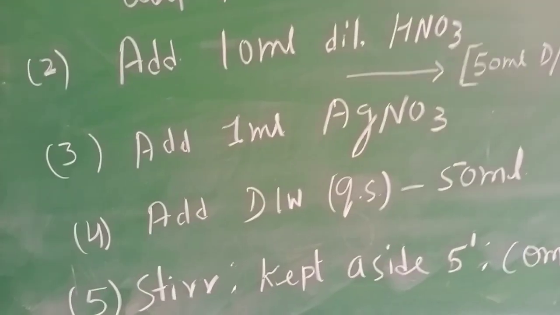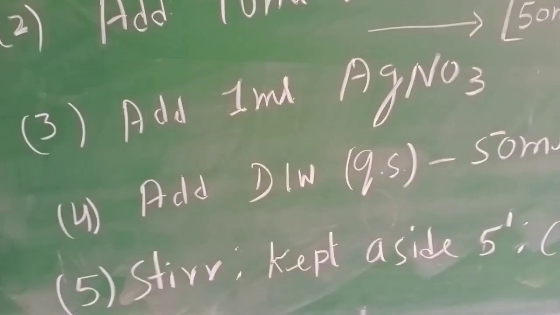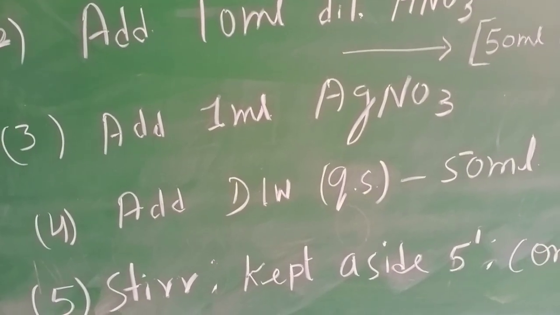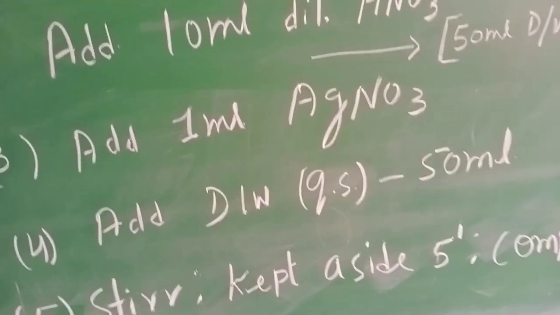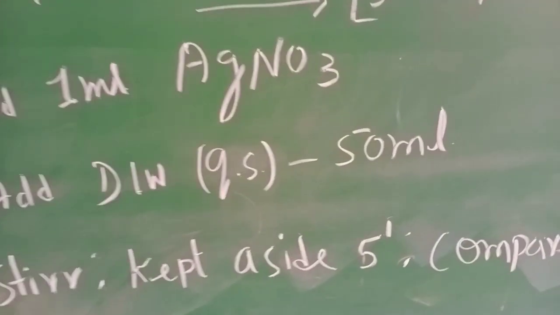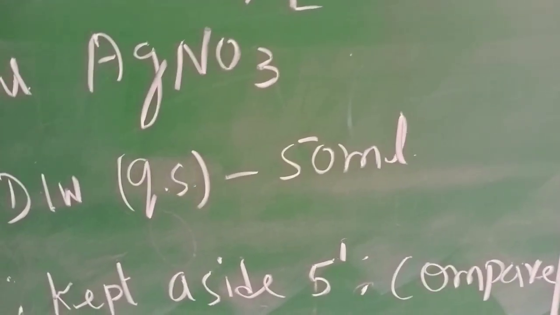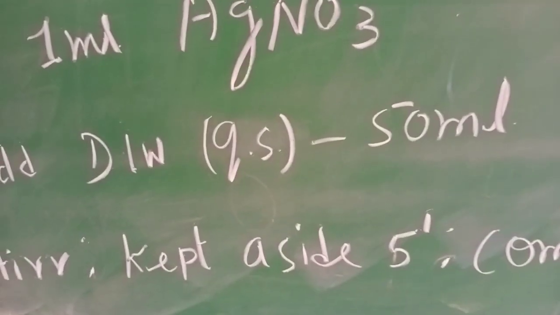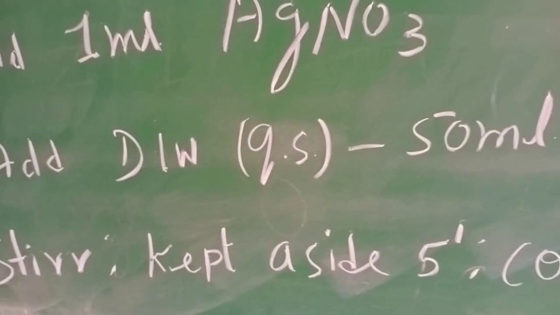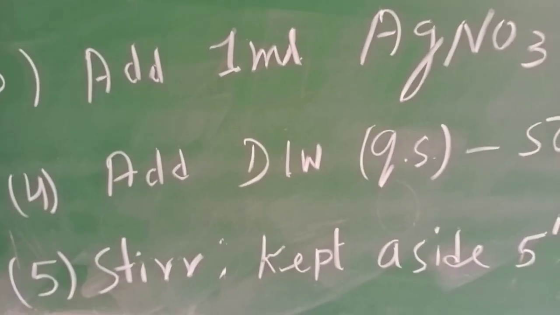Once we are done with all the steps up to 4, the content should be stirred gently and kept aside for 5 minutes at room temperature. The turbidity produced is then compared with the standard for the final outcome.